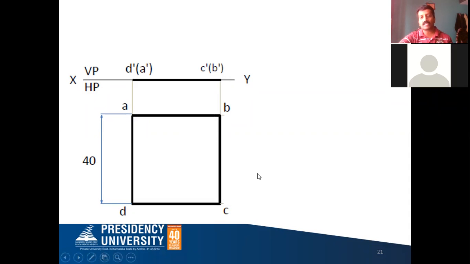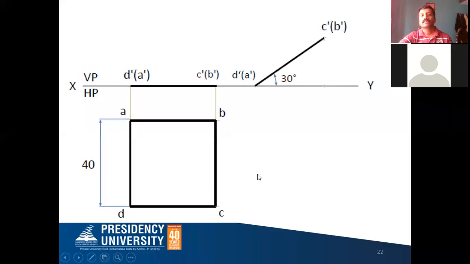Second position, what he says, the lamina is inclined at 30 degree to HP as given. So on the same XY line, right side, you identify any one of the points. From that point, right side, you draw the 30 degree line. After drawing the 30 degree line, wherever the line you have drawn, you call this as the point A dash and D dash.